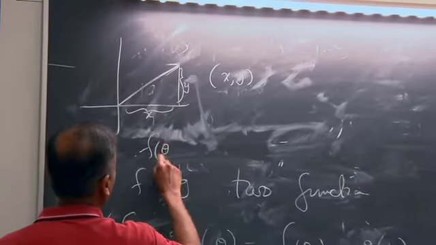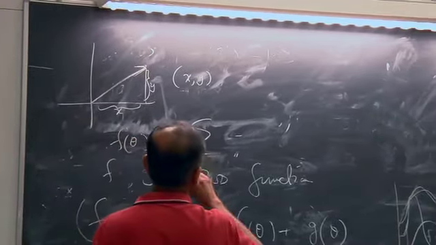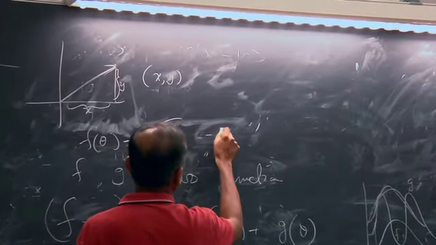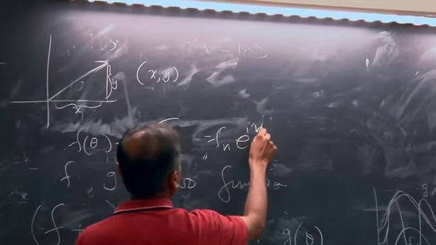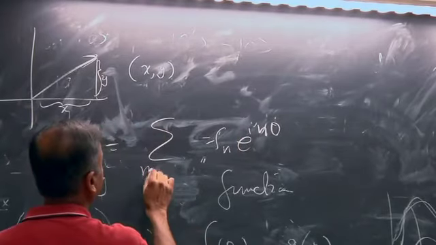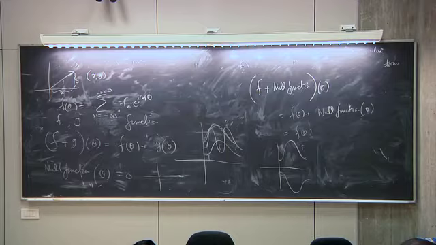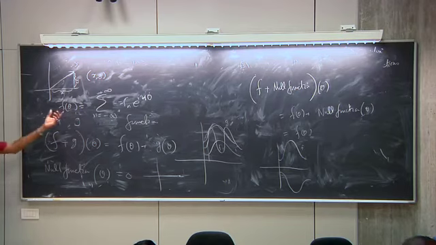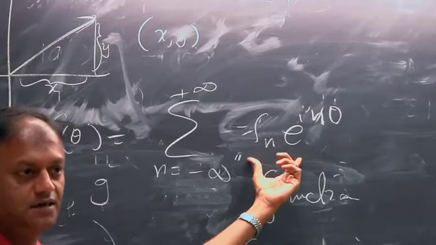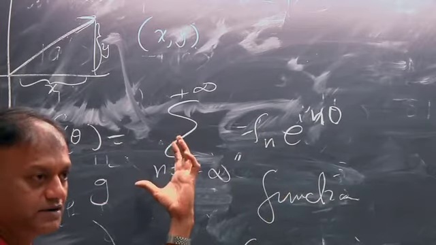A periodic function I can expand in terms of the Fourier basis. So let's say f of theta equals the sum of f_n e to the i n theta, summed over n going from minus infinity to plus infinity. This is not very precise; we'll make it more precise when we come to the third chapter, because there are issues of whether this series converges and what kinds of functions you can expand.